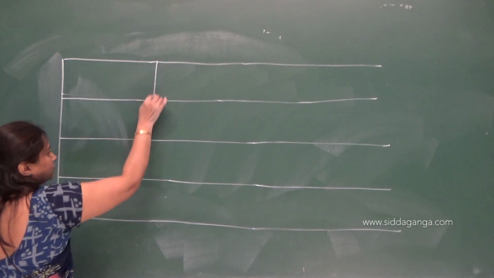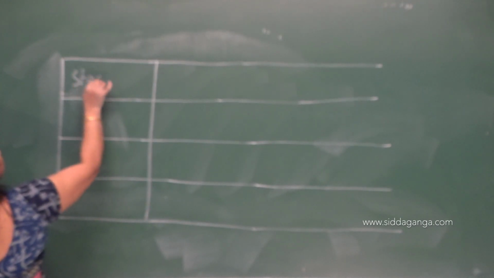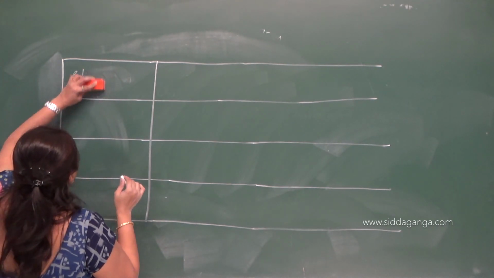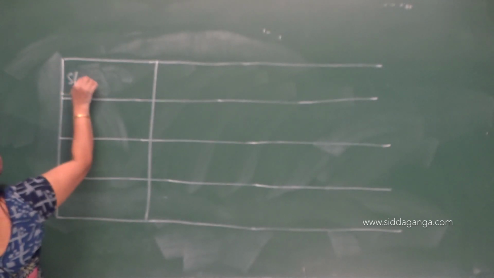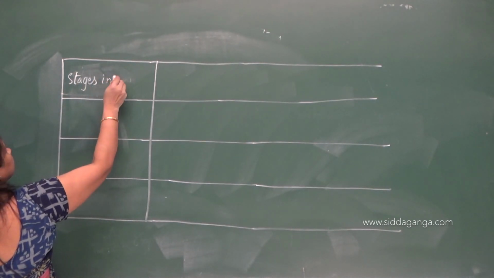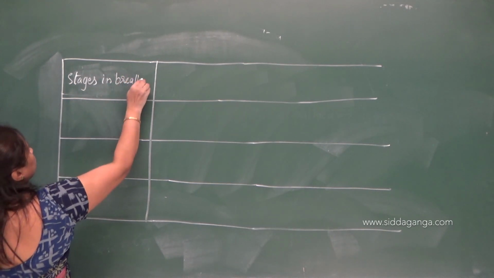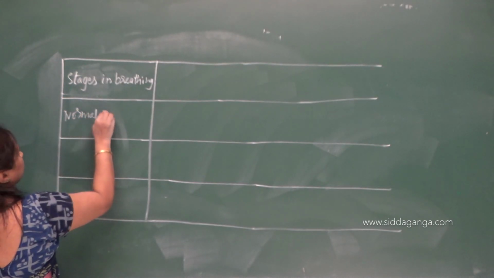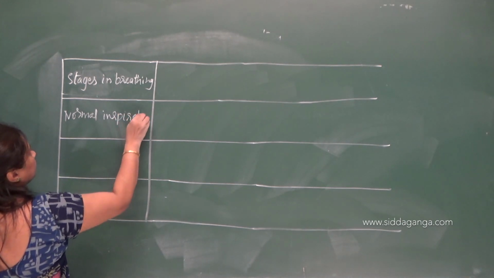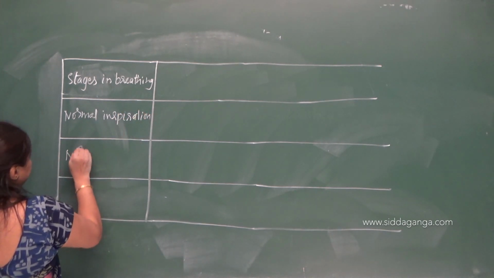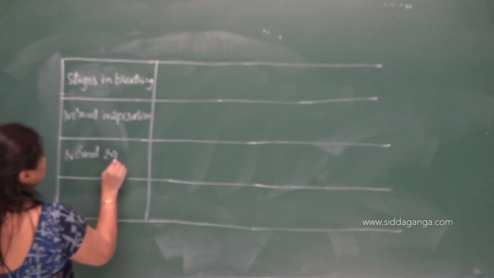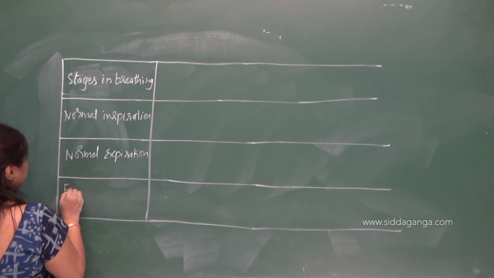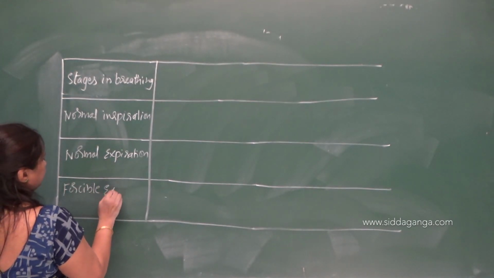In the first column I write stages in breathing: normal inspiration, normal expiration and forcible expiration.